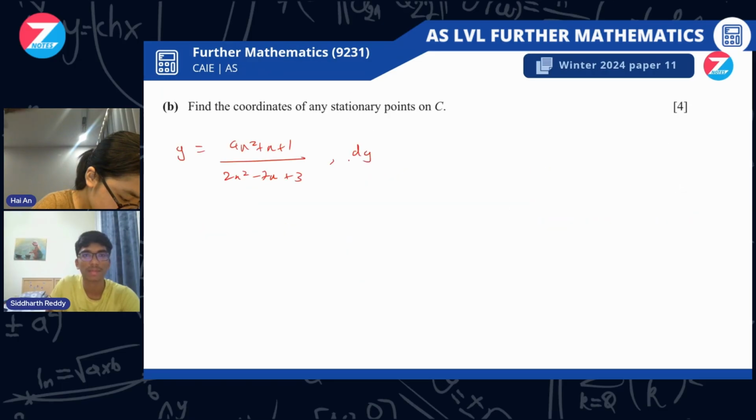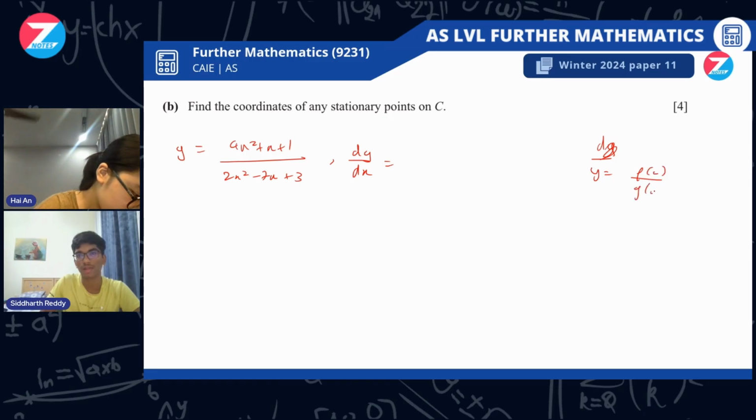So dy by dx. The derivative of a fractional function, for example, if y is equal to f of x by g of x, the derivative of y will be g of x times f prime of x minus f of x times g prime of x, divided by g of x squared.